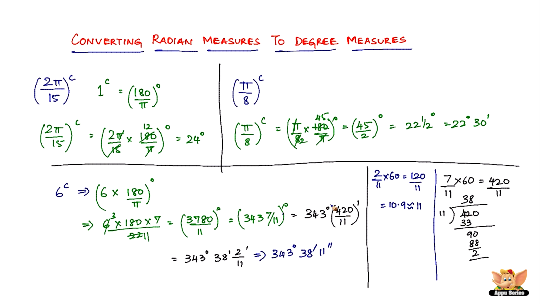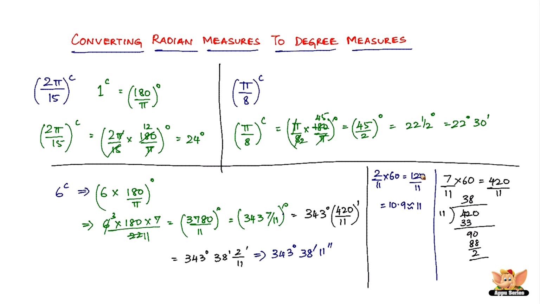If 420 was divisible by 11, or if 11 could divide 420 perfectly, there would be no need for seconds. But since it doesn't, you have a mixed fraction here, and the quotient becomes the minutes, and whatever is remaining is converted to seconds, and it was 2 by 11, and 1 minute equals 60 seconds. So 2 by 11 times 60 gives you 120 by 11, which is approximately equal to 11, because 11 times 11 is 121.